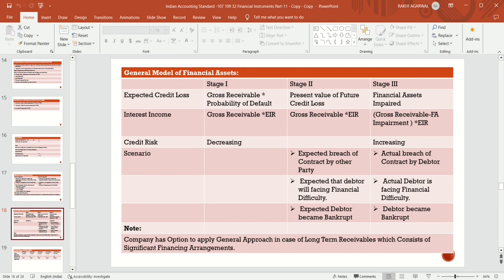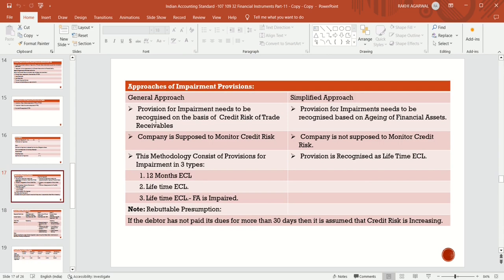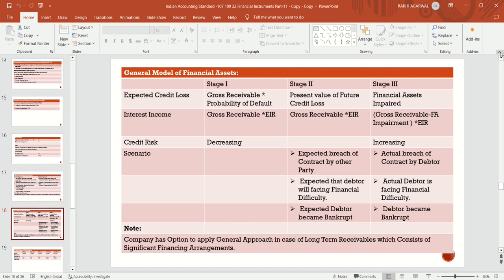General model of financial asset. In case of the general approach, like we had discussed, it will depend on the credit risk of the trade receivable. By monitoring credit risk, the methodology consists of three: 12-month ECL, lifetime ECL, and lifetime ECL minus financial asset if impaired.